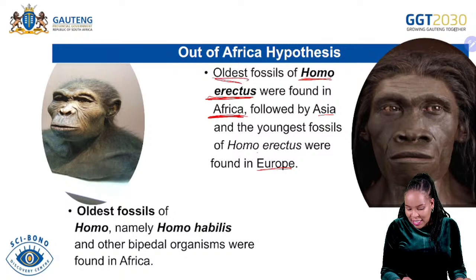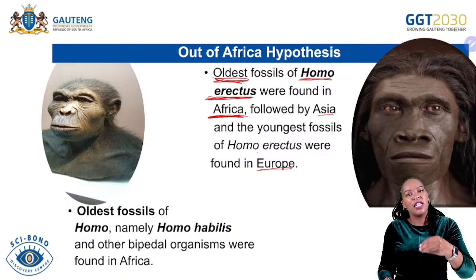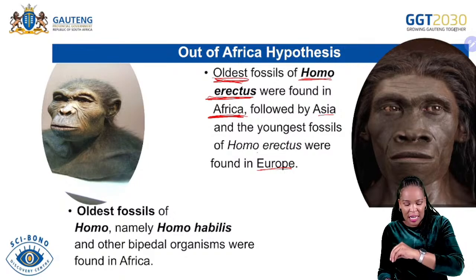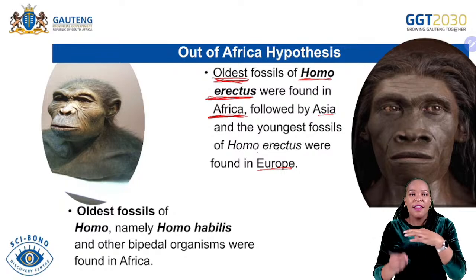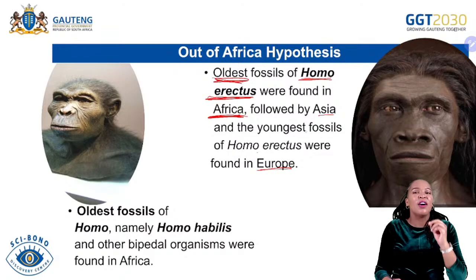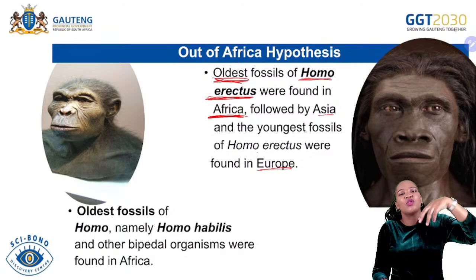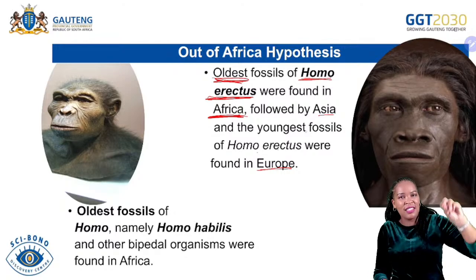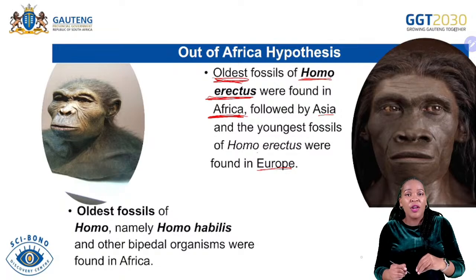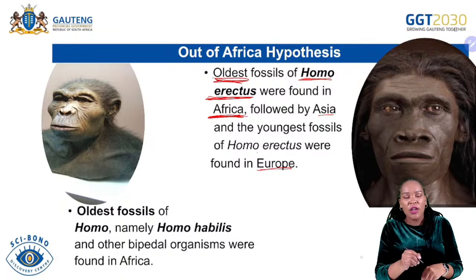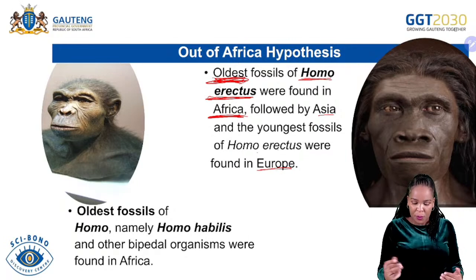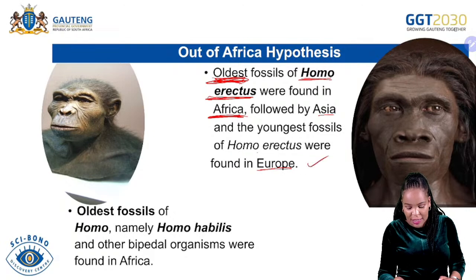If it says the oldest, it means it was found first. The oldest Homo erectus was found in Africa, followed by the ones found in Asia, and the youngest was found in Europe, meaning it later went to Europe at a later stage. But initially, where was it? Initially, the Homo erectus was found in Africa, because the oldest fossil shows that it is found here in Africa. You get another mark for saying that.